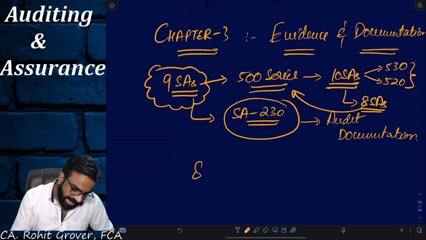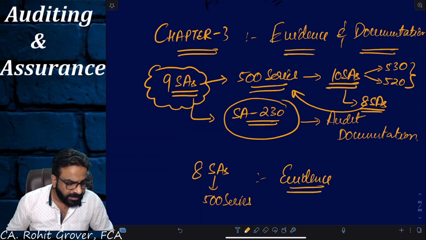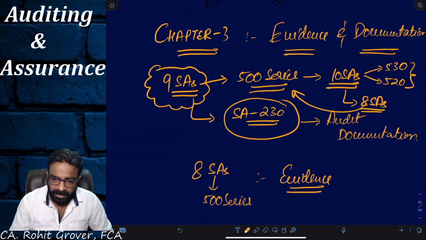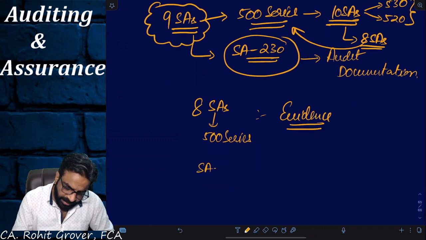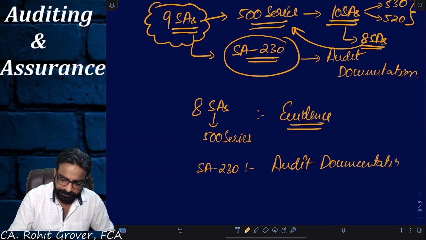Now these 8 standards of the 500 series are known as the evidence series. And SA 230 is known as audit documentation. Therefore the name of the series is known as documentation, right or not?